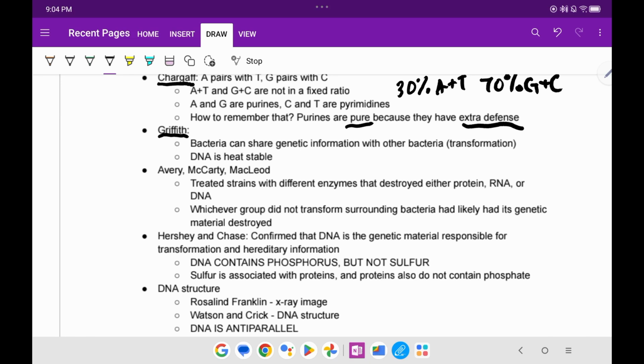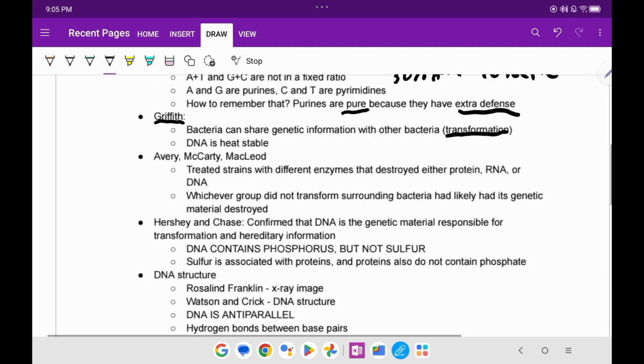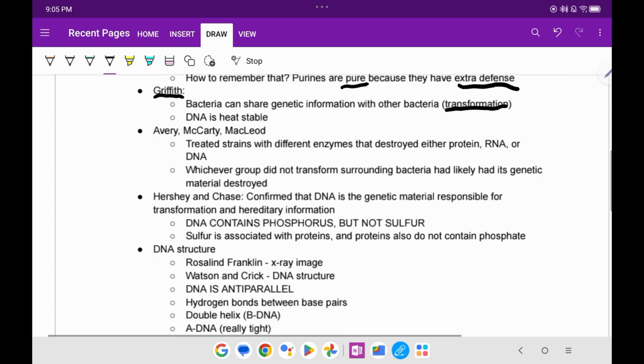He saw that the pathogenic bacteria would give genetic material to the non-pathogenic bacteria and make them pathogenic. So the bacteria that would not cause sickness would get genetic material from the bacteria that did cause sickness and become bacteria that also caused sickness. That is a phenomenon known as transformation. And he also found out that DNA is pretty heat stable.